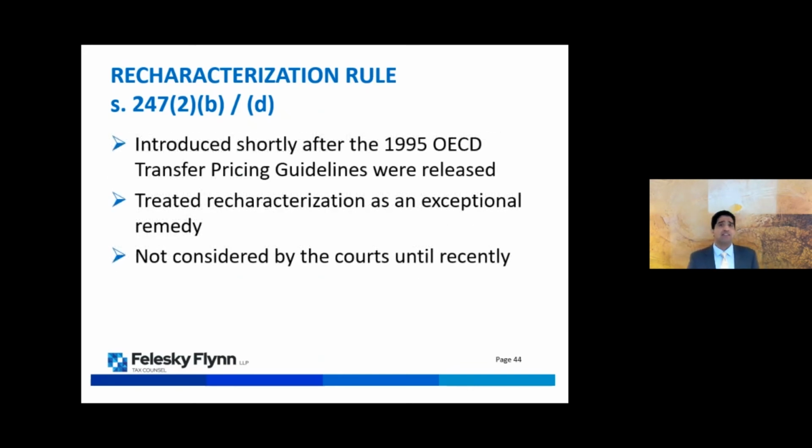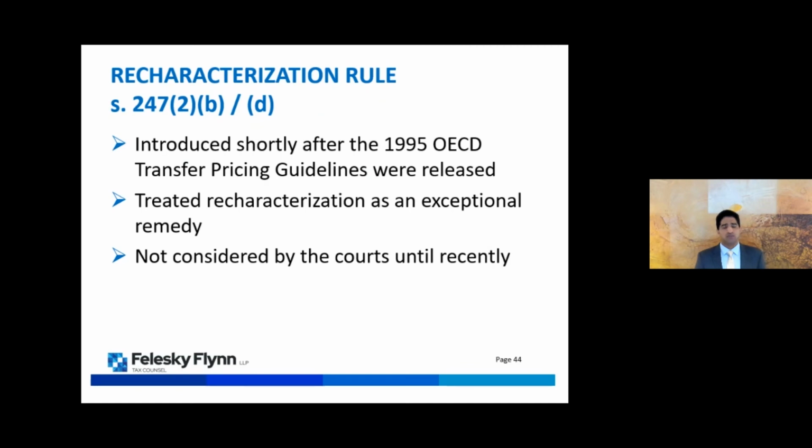By way of background, this recharacterization rule that exists in the Act was introduced into the Act shortly after the 1995 OECD transfer pricing guidelines were released. And the 95 guidelines, and really all of the historical OECD transfer pricing guidelines, treated the recharacterization of transactions as an exceptional remedy.